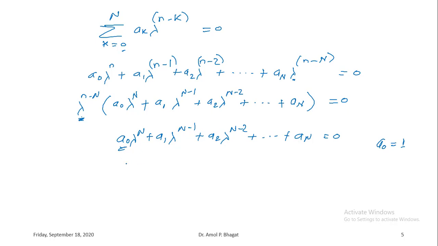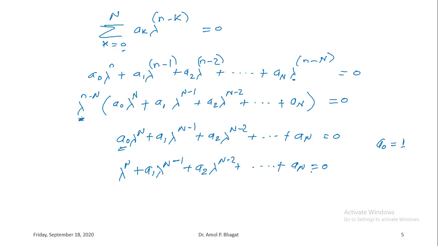So if I'm assuming this a0 as 1, the remaining equation will be lambda to the power n plus a1 lambda to the power n minus 1 plus a2 lambda to the power n minus 2 plus and so on plus an is equal to 0.